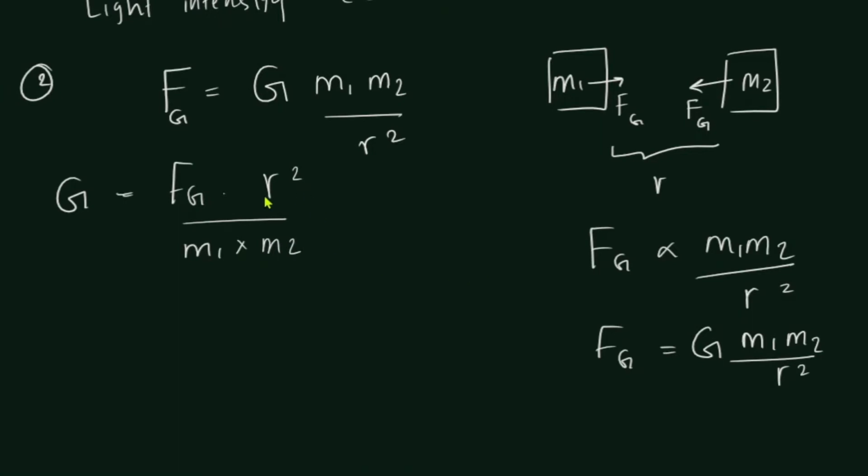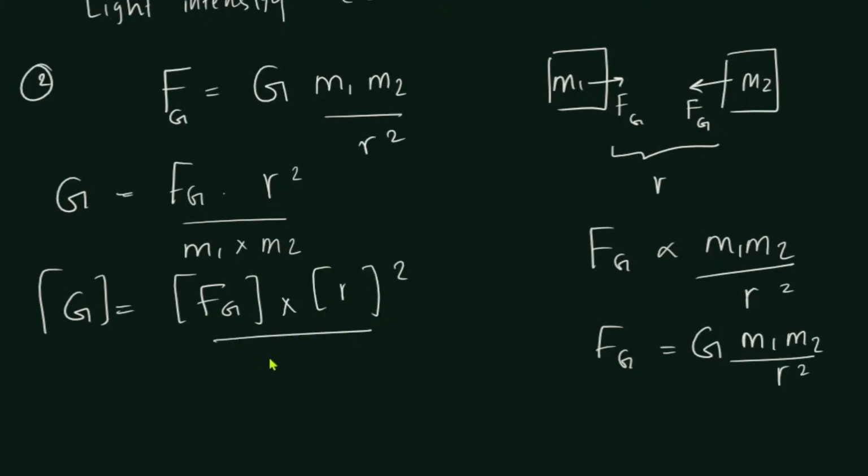If we need to find the dimensions of the gravitational constant, we need to get the dimensions of all the terms on the right.